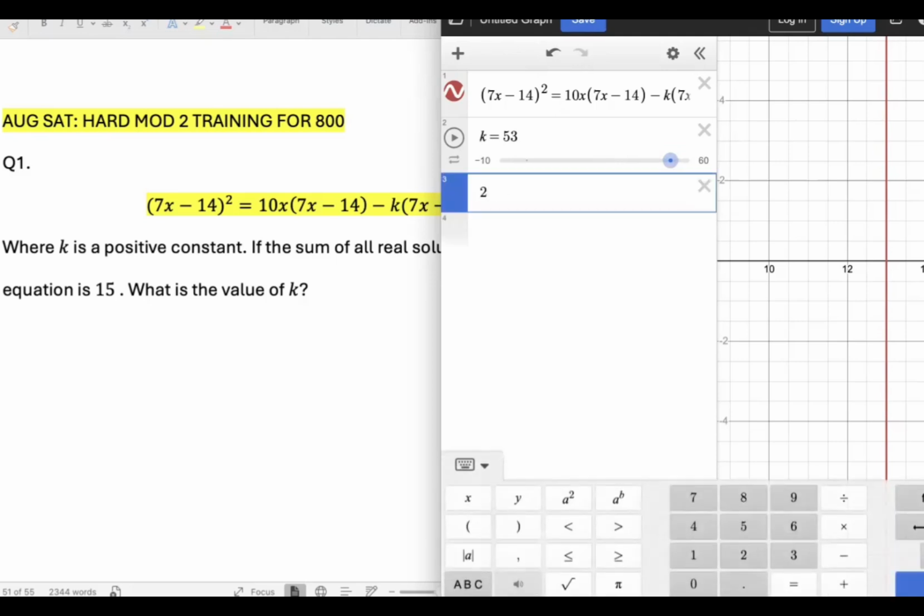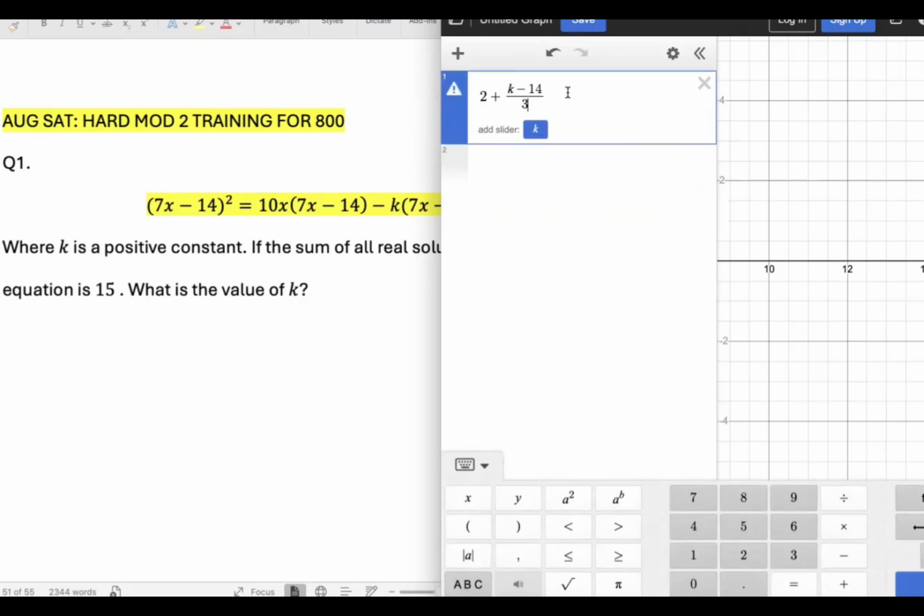We had 2 plus K minus 14 over 3, equal to 15. I'm going to take this off over 3, and we solve it. And this is what we get. K is also 53.